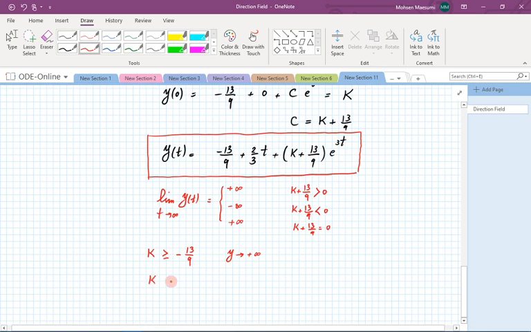If k is less than minus 13/9, where I set this thing equal to 0 and figure out k is minus 13/9, then y tends to minus infinity. The set of initial values that go to plus infinity is this. The set of initial values that go to minus infinity is that.